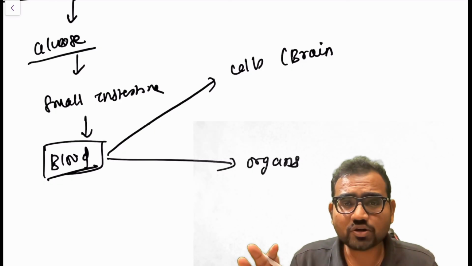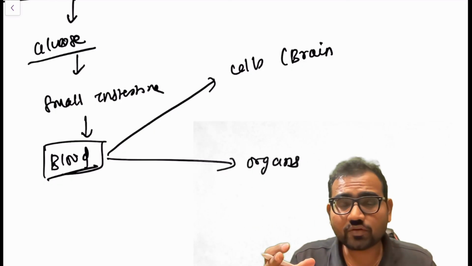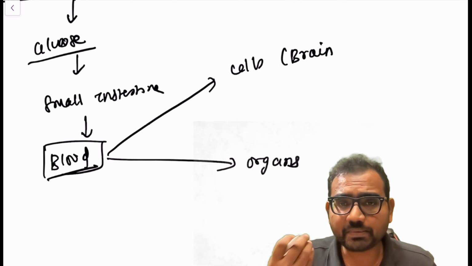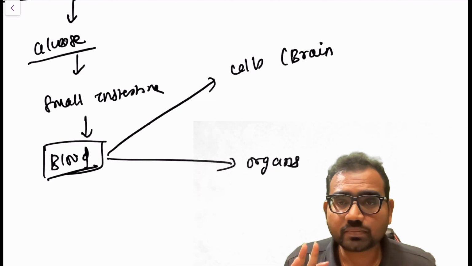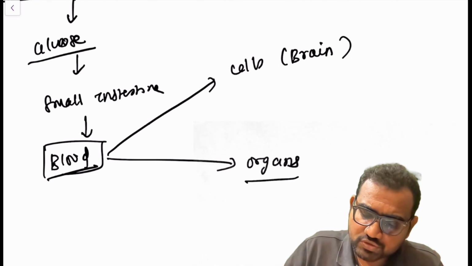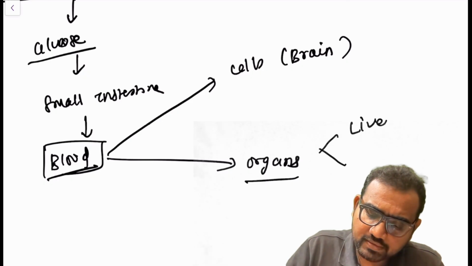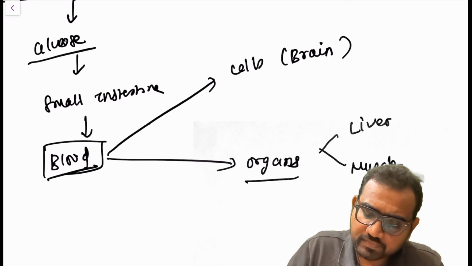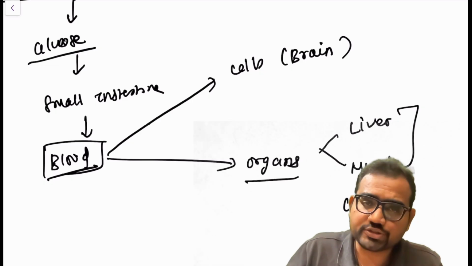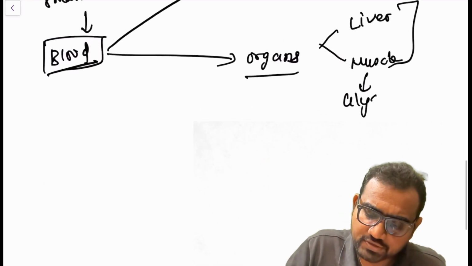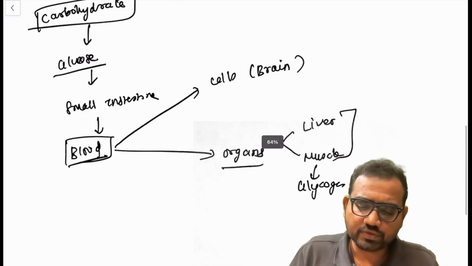So what is the function of glucose inside the cell? ATP production, energy is produced. And it can also enter the liver and muscle, where it is stored as glycogen.